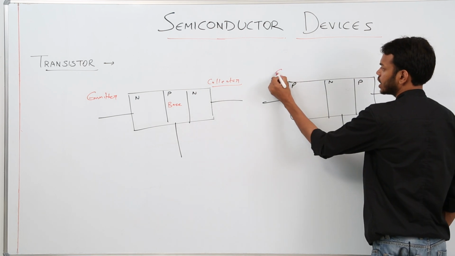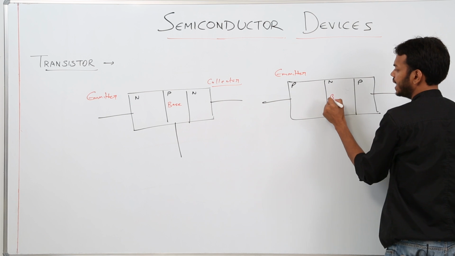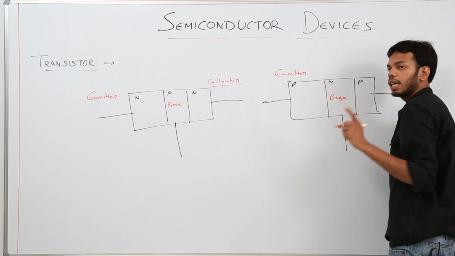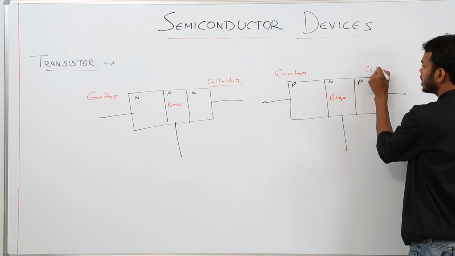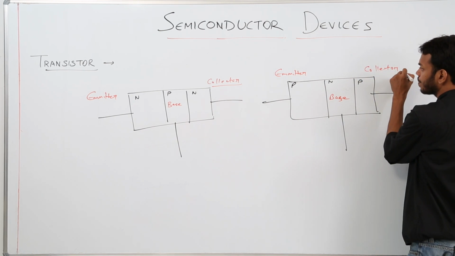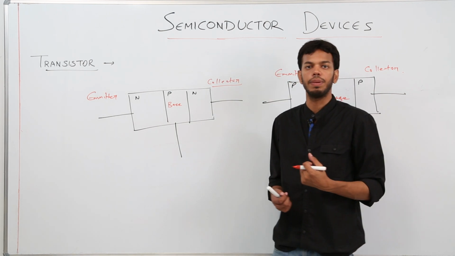Similarly, one is the emitter, then the base, the central one, which, keep this in mind, is always very lightly doped, and the third one is the collector. Now what is the difference in the symbols of PNP and NPN?